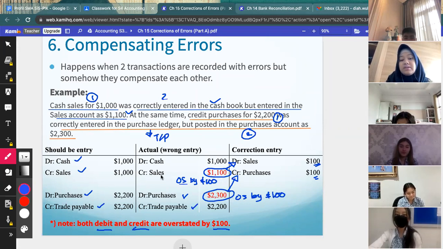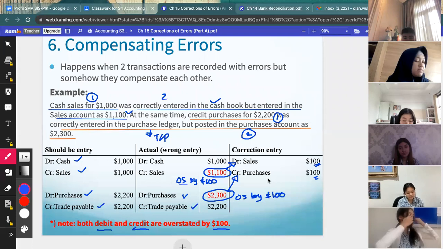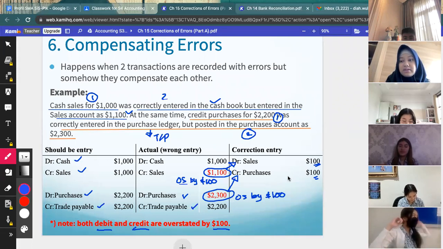So how to make a deduction on the sales? Put that in the debit side. So sales is 100. At the same time, purchases is also over by what? 100. So you have to make a deduction. Put that in the credit side. Purchases by 100. So this is how you make a correction.